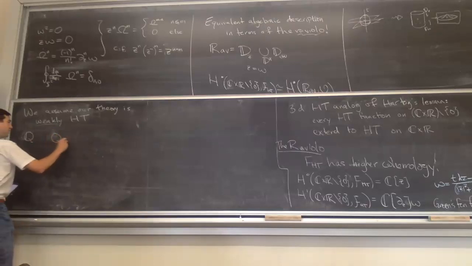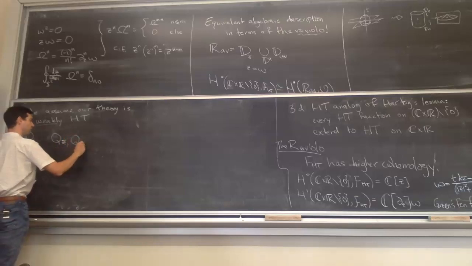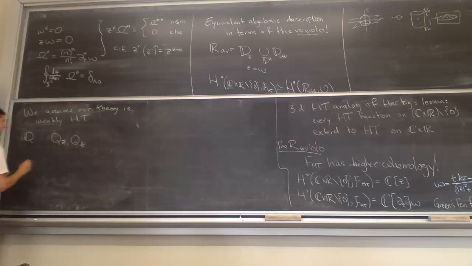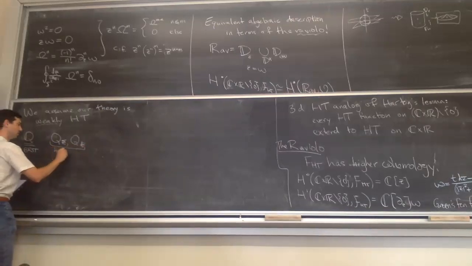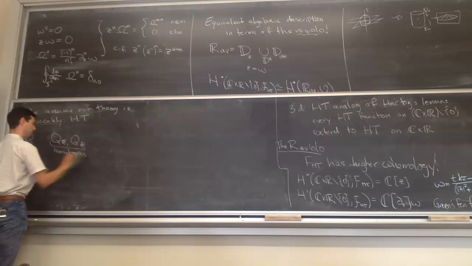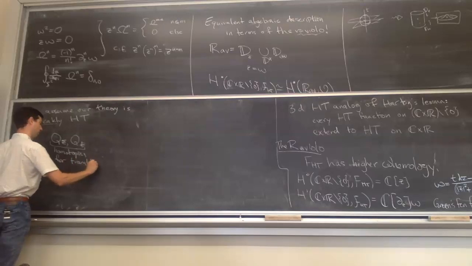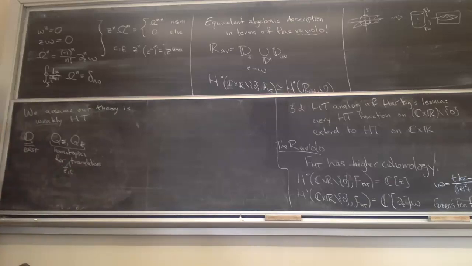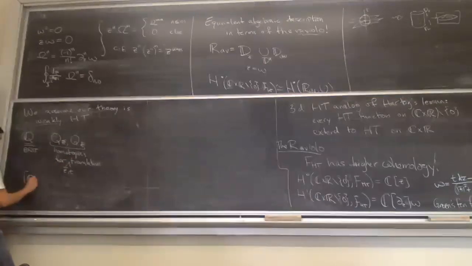And in addition, I have two additional fermionic nilpotent symmetries, Q_zbar and Q_t. If you like these words, these are homotopies for translations. And it's not all translations, it's zbar and t translations. And the important relations that they satisfy encapsulate this homotopy property.